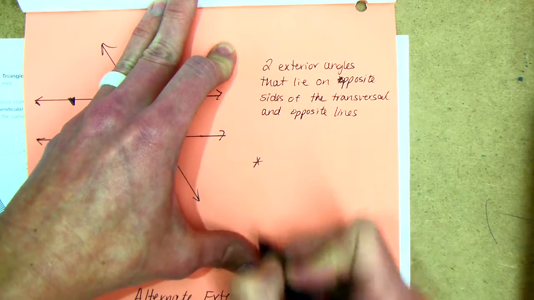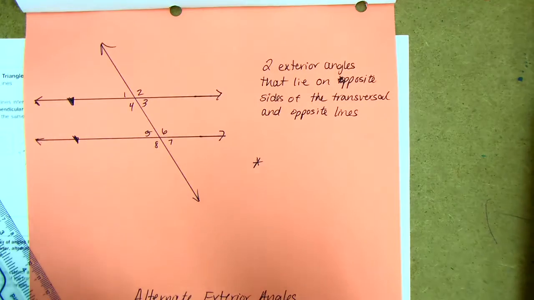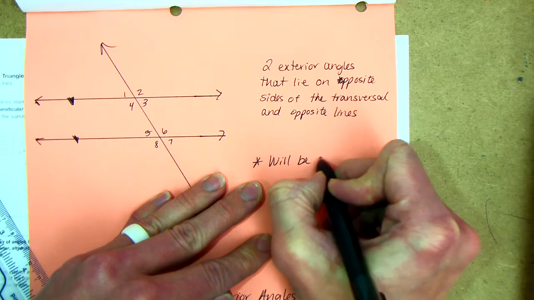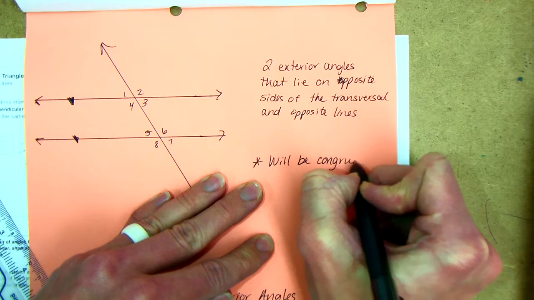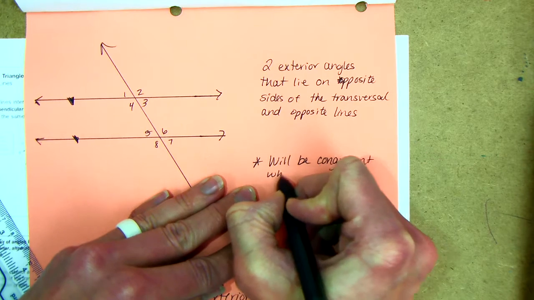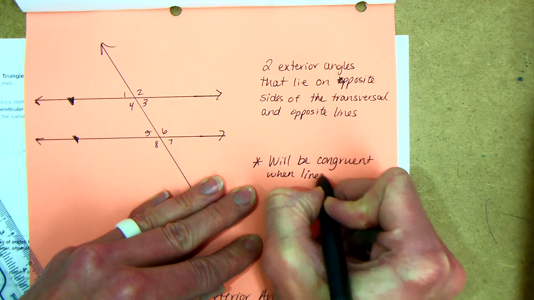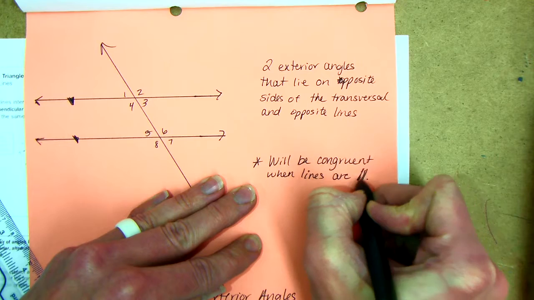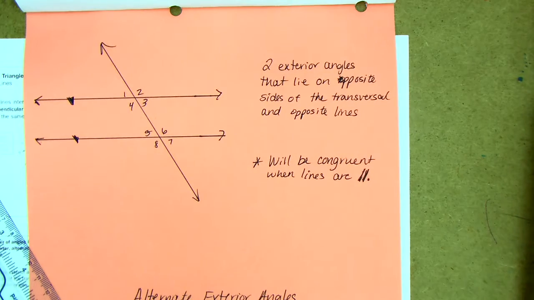And again, just like interior, alternate exterior will be congruent when lines are parallel. Not a very good job of drawing parallel lines there.